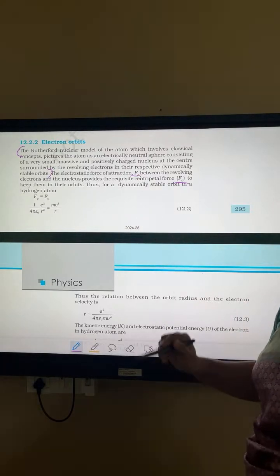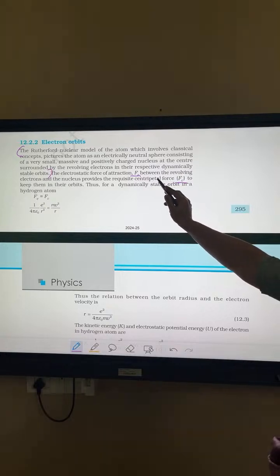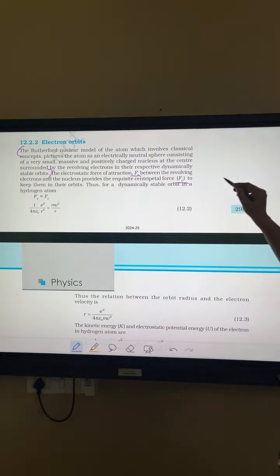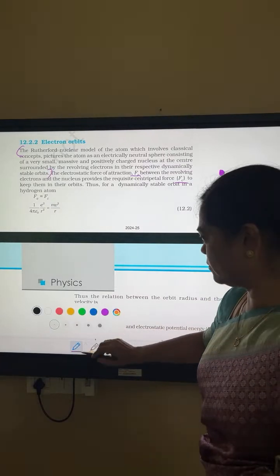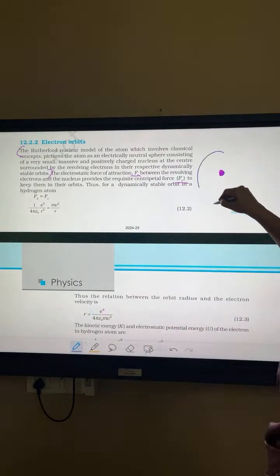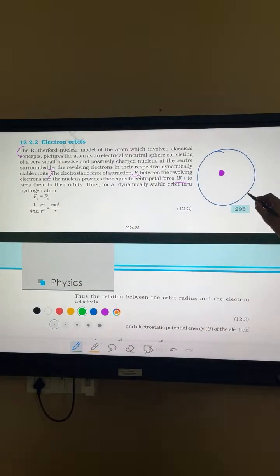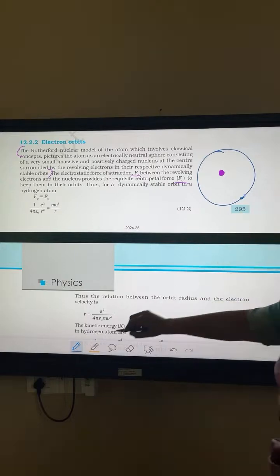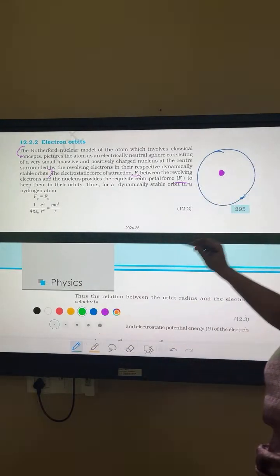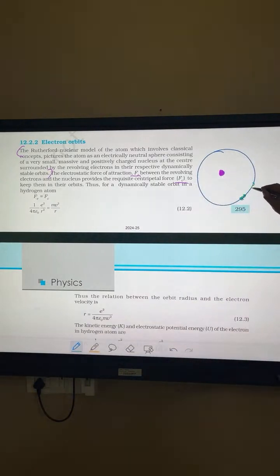For example, electron orbits. If this is the nucleus, this is an orbit of an electron. The electron is moving and revolving around the nucleus.